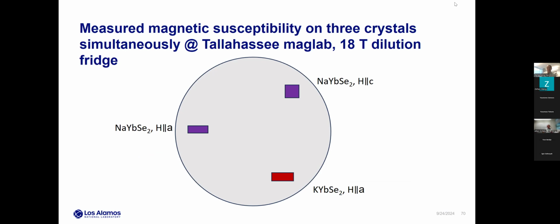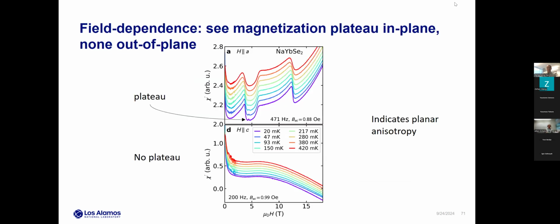We simultaneously mounted two different sodium crystals, one with the field along A, one with the field along C. And just for sanity, we put in a potassium compound just to double check that what we're doing is making sense. If you look at the field dependence, you see an in-plane magnetization plateau, no plateau out of the plane, which indicates planar anisotropy.